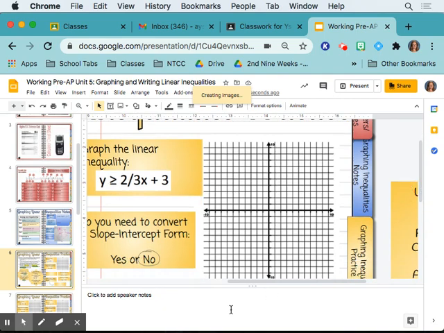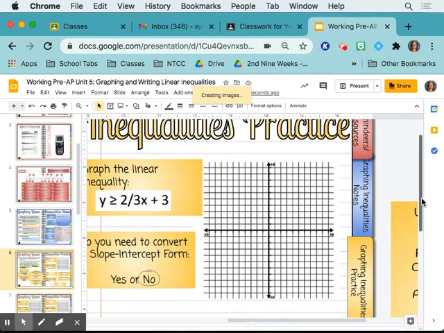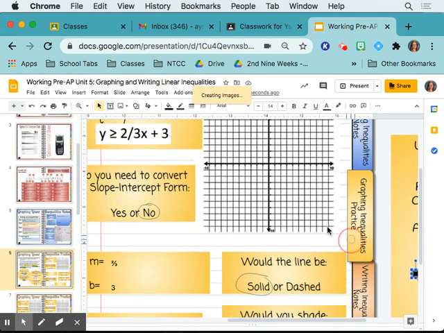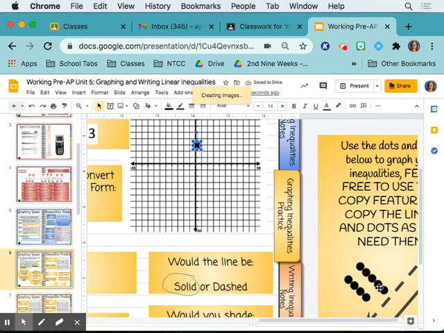So we can put some dots on here. We are going to start at our y-intercept, which is positive 3. I'm going to do it digitally this time. And then up 2 over 3. Oh, I only went up 1. There we go.